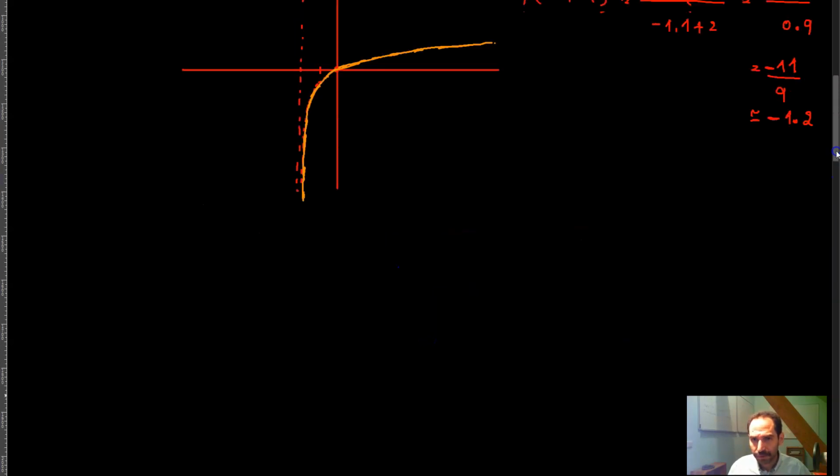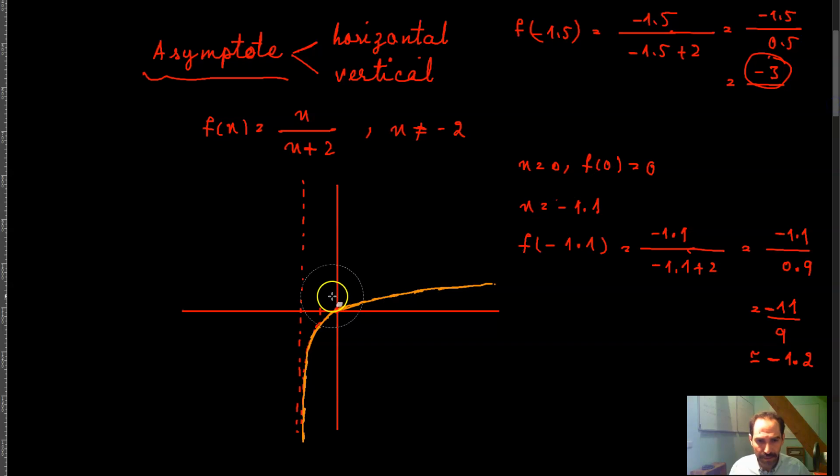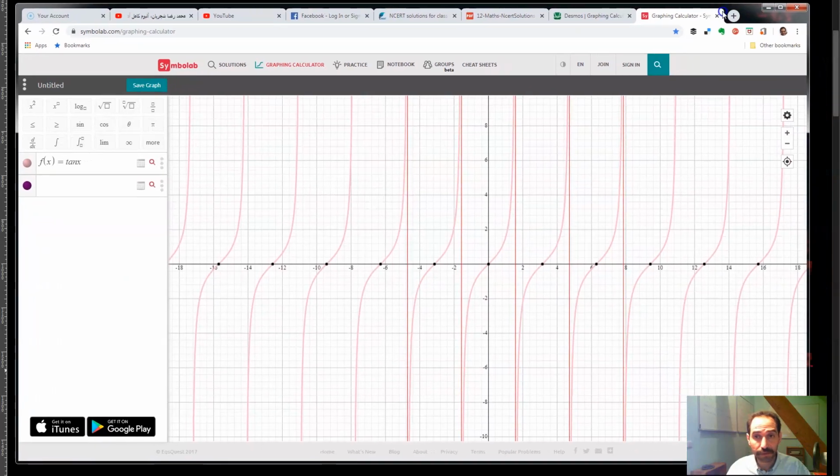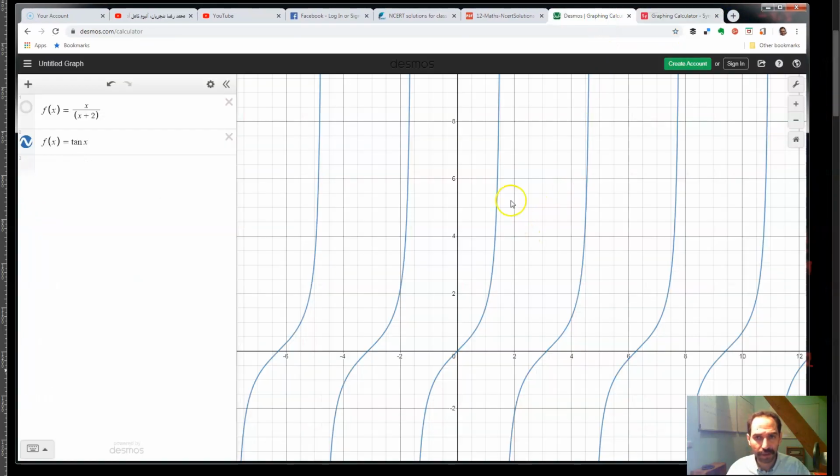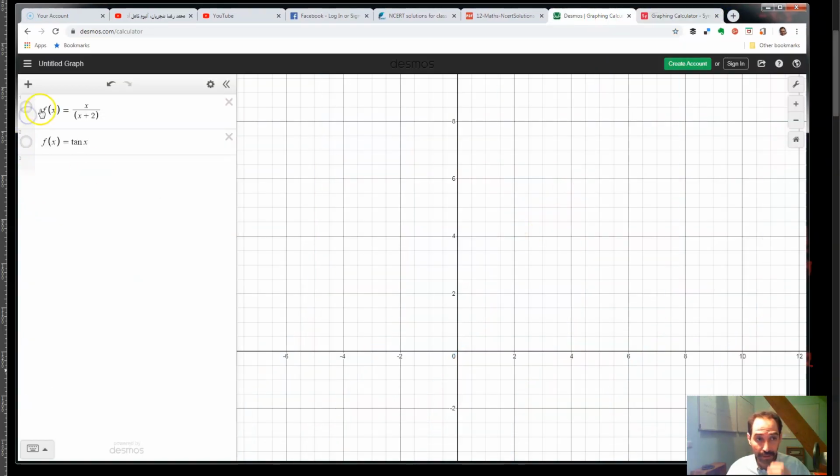Now, what's important here is that this function gets another asymptote at y is equal to, I suppose, 1. At y is equal to 1, you get another asymptote here. And there is a reason why that happens, which is actually interesting in terms of the inverse of the functions.